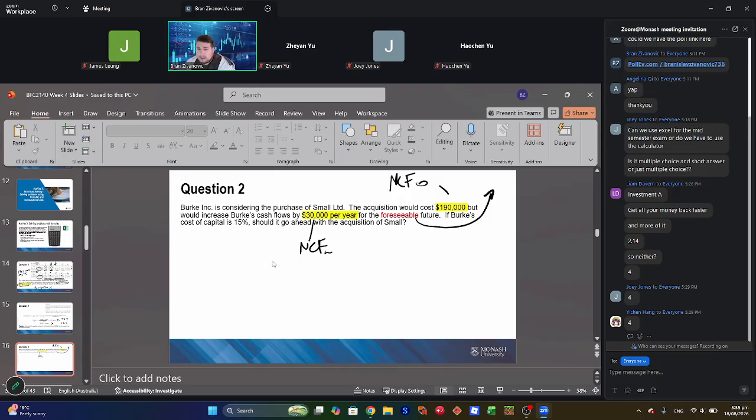So when we talk about a terminology called foreseeable future, typically there's no fixed timeline. So we can assume that the regular perpetuity function is what we can apply to the calculation of the present value of the cash flows. Okay? So if we think about it, we've got our cost or the outflow, which is 190,000, right? And it tells us in the question, your cost is 190,000, right?